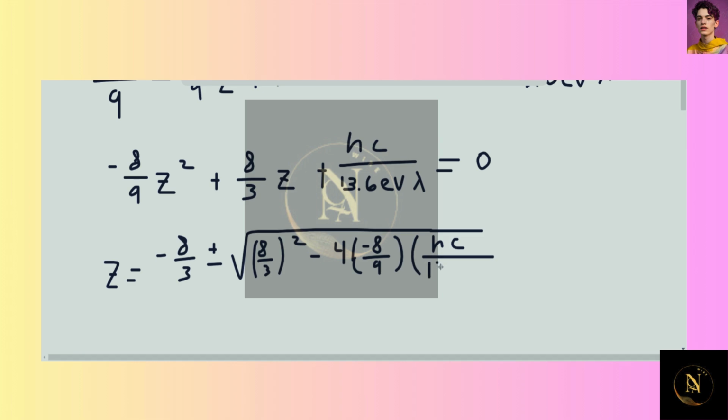For c, we use the speed of light in meters per second. The wavelength is given at the beginning. All of this is divided by 2a, which is 2 times negative 8/9.